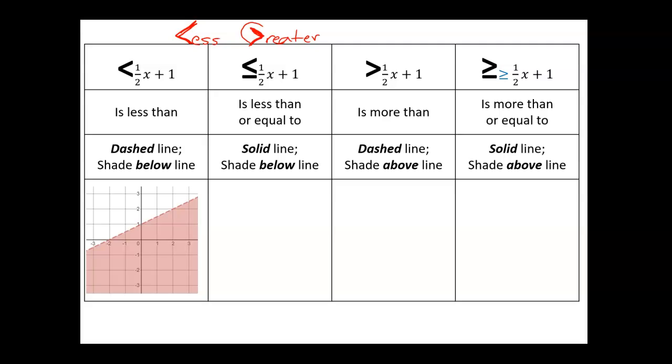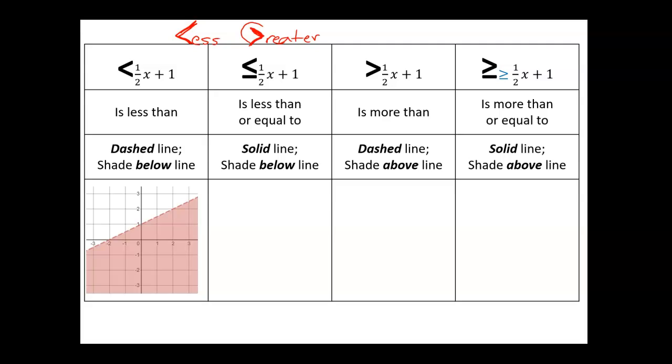Now here's the other difference. The second and the fourth one have a little underline. Do you know what that little underline means? It includes the equal. So basically, if it's not underlined, it doesn't include it, and if it is underlined, it includes it. Oh, I went too far ahead, but check it out right here. Less than will be a dashed line. So if it's not underlined, it's a dashed line. Do you see that in this graph?